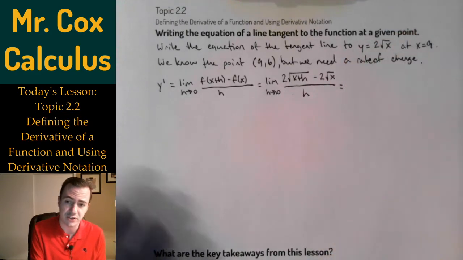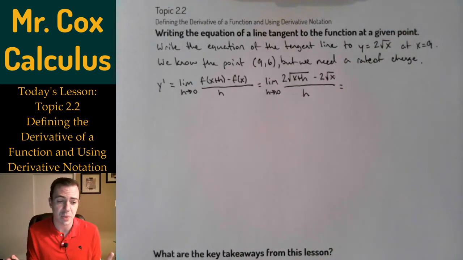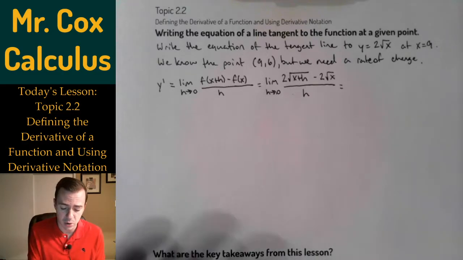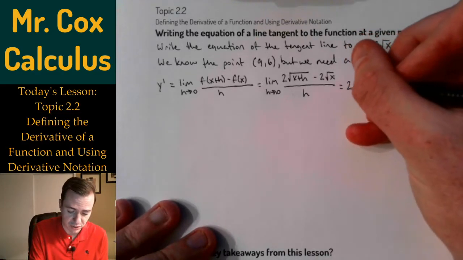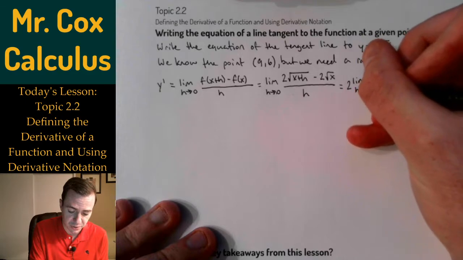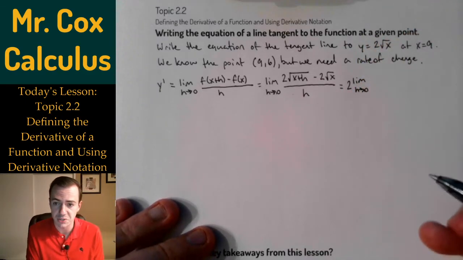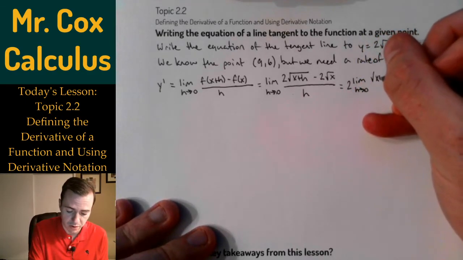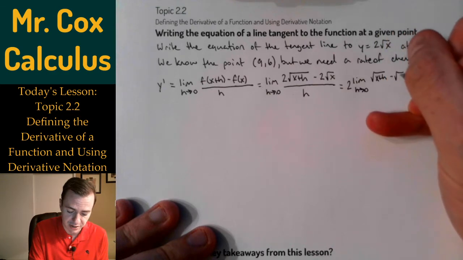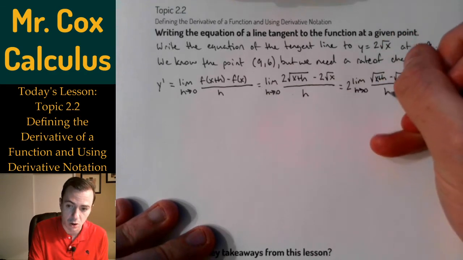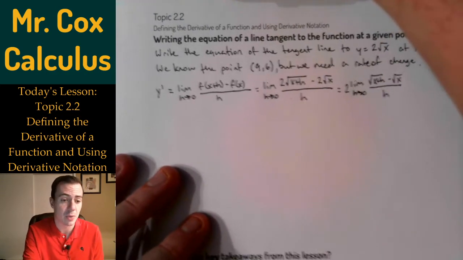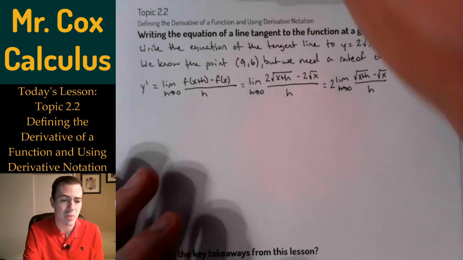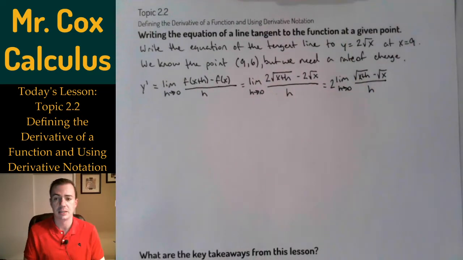So I'm going to do myself a favor. I know that the algebra is about to get a little bit tricky. I'm going to go ahead and factor out that 2 and say that this is 2 times the limit as h approaches 0 of the square root of x plus h minus the square root of x all over h. That's just going to clear up a chance for maybe making a silly algebra mistake down the road.